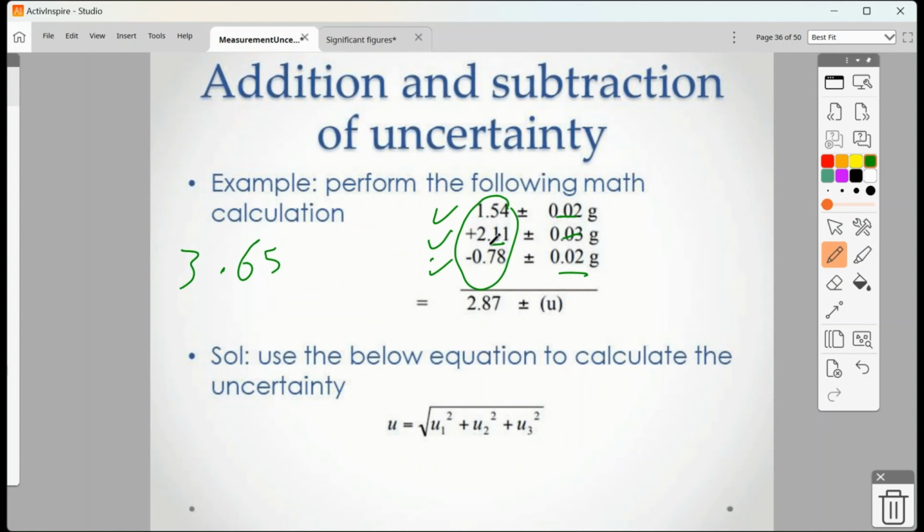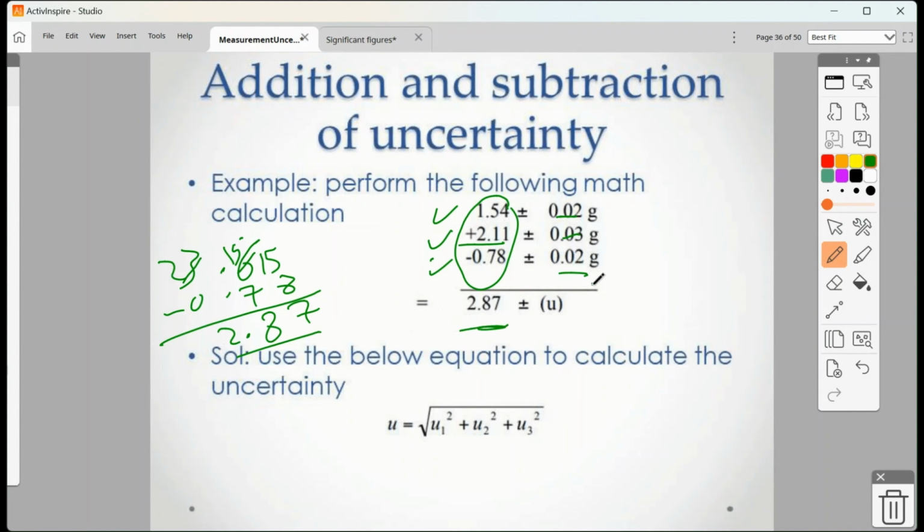So this is the first part. Then I will subtract from this minus 0.78. So I will borrow here. This is 5 now. 15 minus 8 is 7. And then I will borrow from here. This is 2 now. This is 15. 15 minus 7 is 8. So 2.87. This is the measurement.